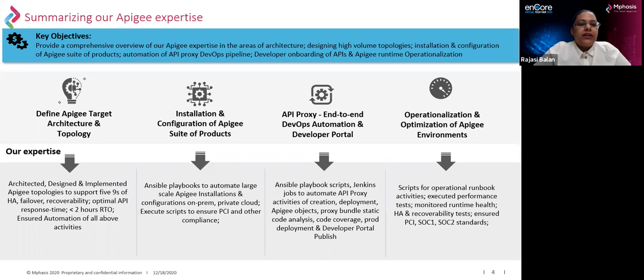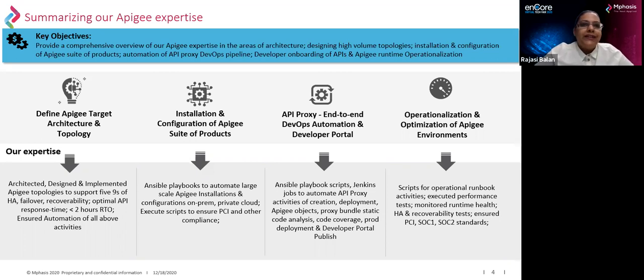So this is just to summarize what our Apigee expertise is all about. I'll go quickly over the various stages of how a typical journey looks for a customer adopting an API platform, more so in the Apigee context here. We start off with defining our Apigee target architecture and topology. We are partnered with Apigee, so we work with their architects as well.